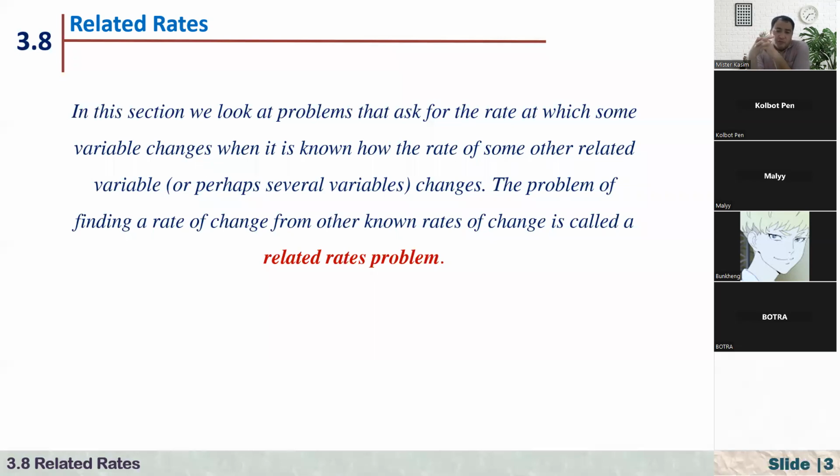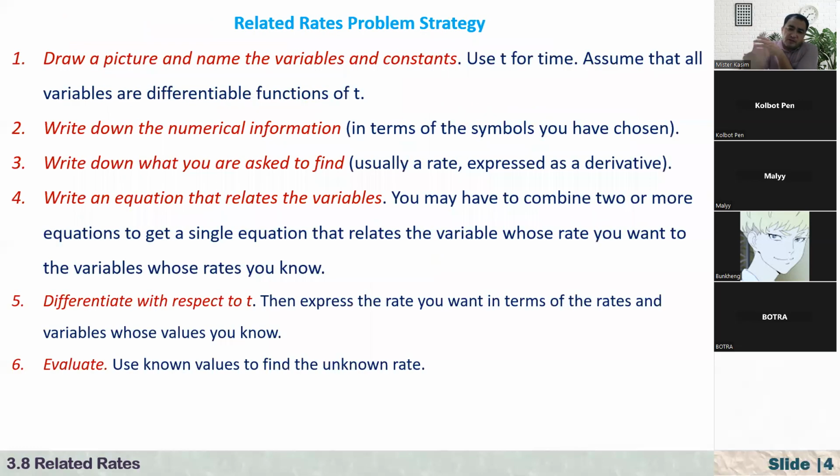When we talked about the limit problem, in the informal approach, we were talking about the rate of change of the distance that gives us the velocity, instantaneous velocity. As you see here, most of the things in calculus are about rate problems. The problem of finding a rate of change from other known rates of change is called a related rates problem, because rates are related to each other.